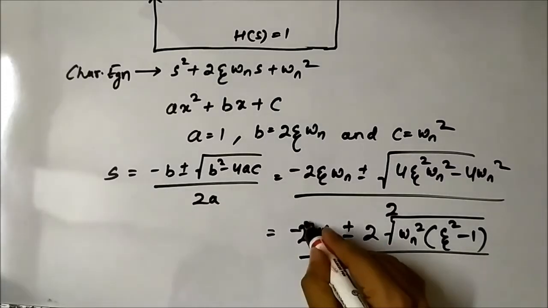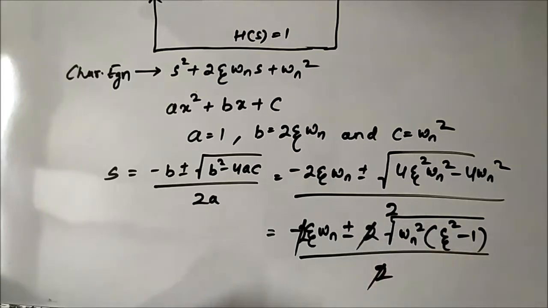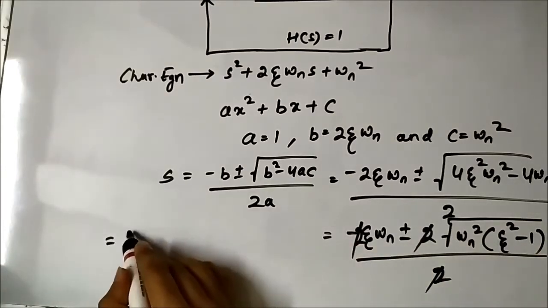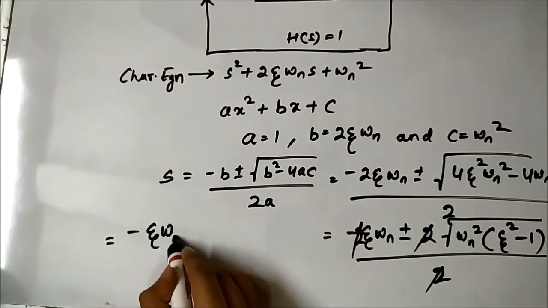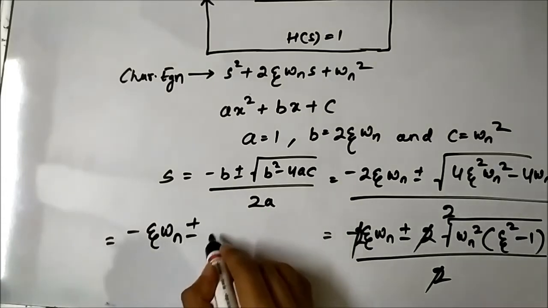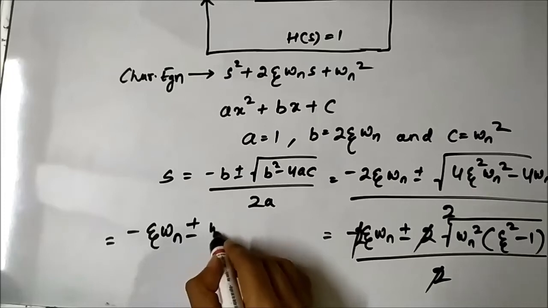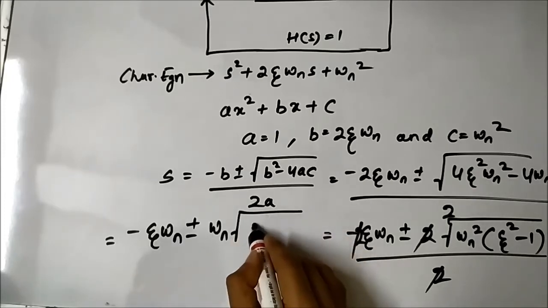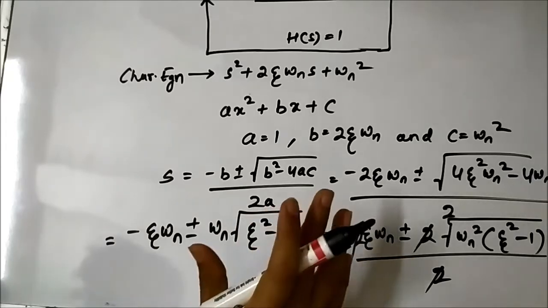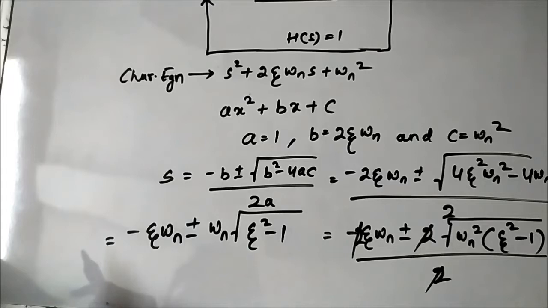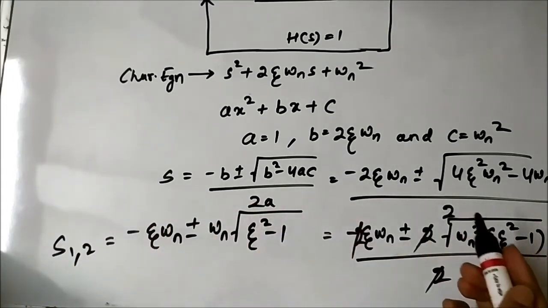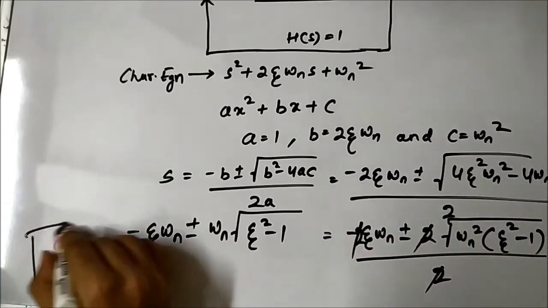Okay, so here 2 will get cancelled out from both the numerator and the denominator, and this will become minus zeta omega n plus minus omega n into root over of zeta square minus 1. Okay, so this will be the expression, the roots s1 and s2. There will be two roots. So this is the expression.